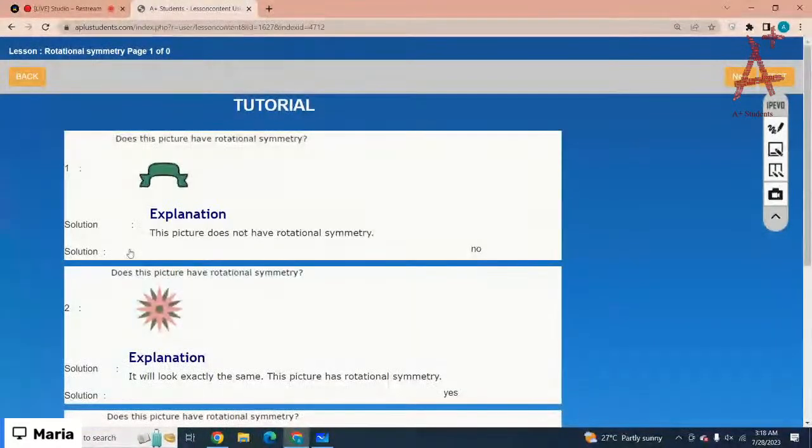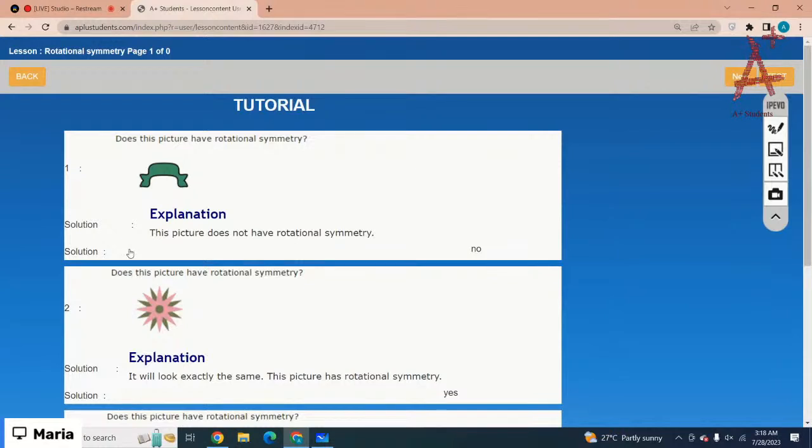So does this picture have rotational symmetry? The picture does not have rotational symmetry. Rotational symmetry means the property a shape has when it looks the same after some rotation by a partial turn.